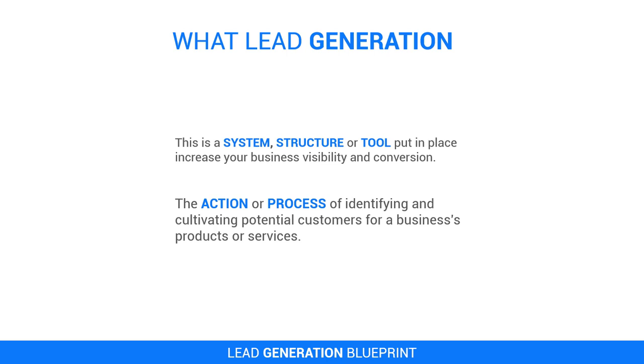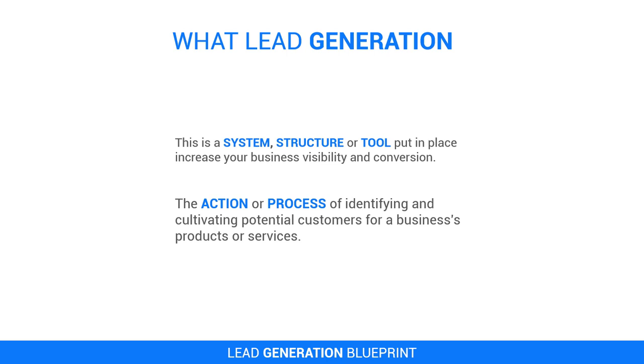And that definition is the action process to identify and cultivate potential customers for a business, product, or a service. So if you have a product or a service, you need a lead generation system to get people to take action and to process them through taking the action.